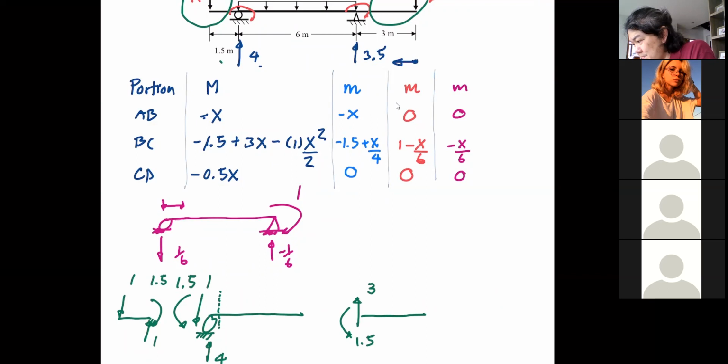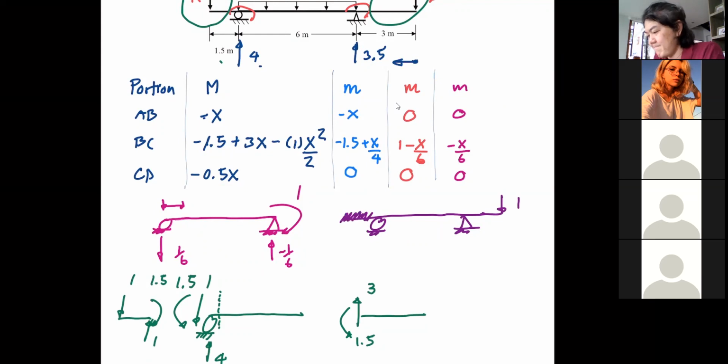Okay, let's use this one. Okay, now the last case. It's a unit load here. Okay, and you should see that again, this portion doesn't matter. Okay, and now when we do this, this is 1.5 up, and then this is a downward force of 0.5.